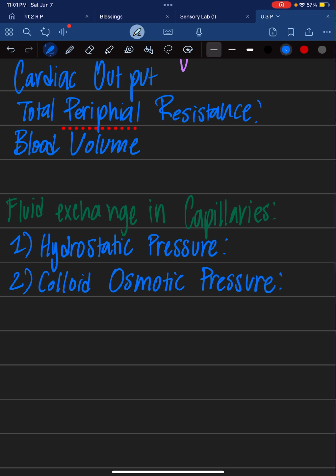Hydrostatic pressure pushes fluid out of capillaries into tissues, and colloid osmotic pressure, mostly from plasma proteins like albumin, pulls fluid back into the capillaries. At the arterial end of the capillary, hydrostatic pressure is stronger, so fluid moves out. This is called filtration, and at the venous end hydrostatic pressure drops and osmotic pressure takes over, pulling fluid back in.